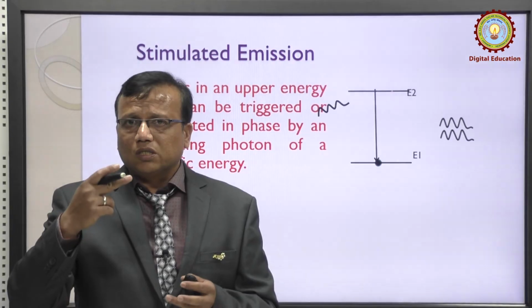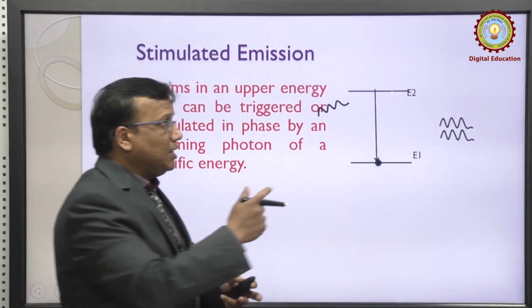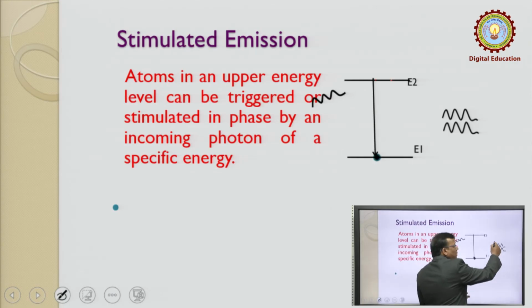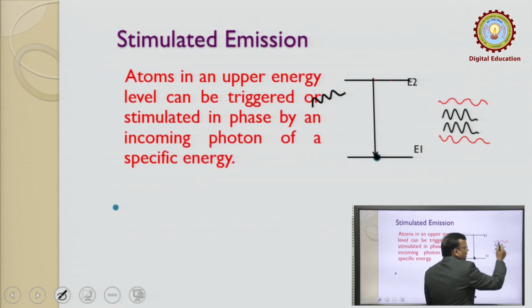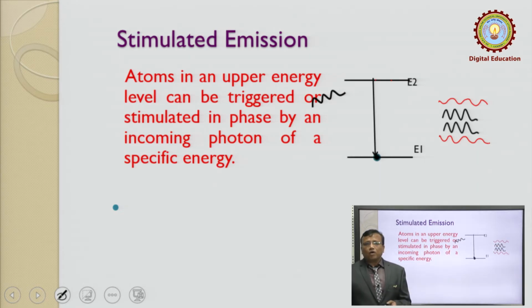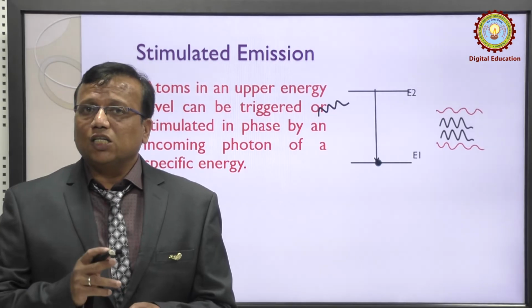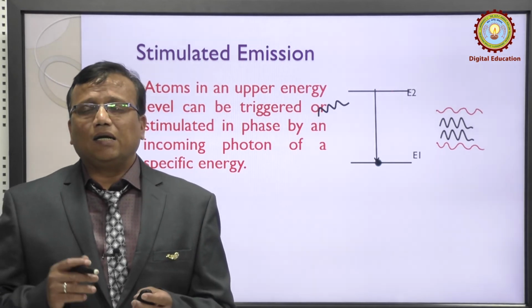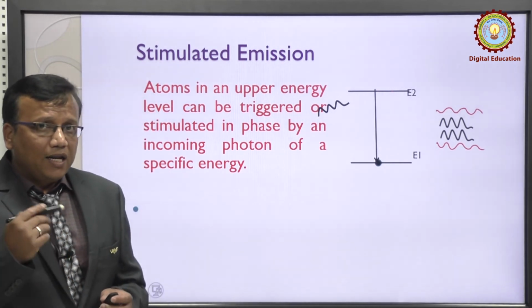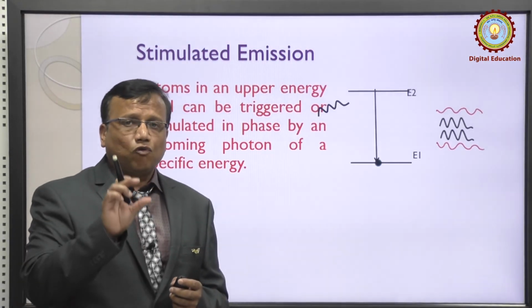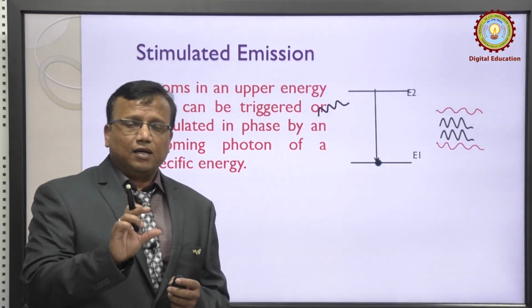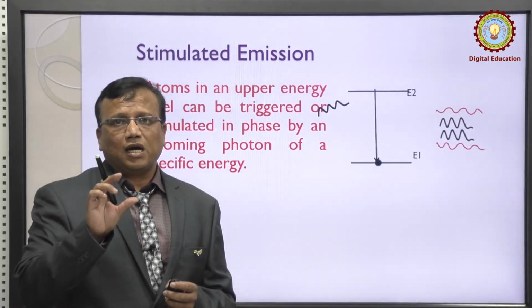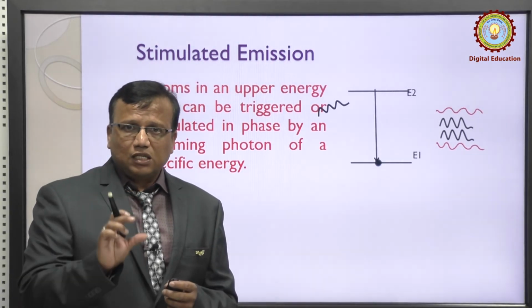These two photons travel in the same direction and maintain a constant phase difference. So they form a coherent source, while in the spontaneous emission in the previous slide the photons were not traveling in the same direction. So they are not maintaining coherency.